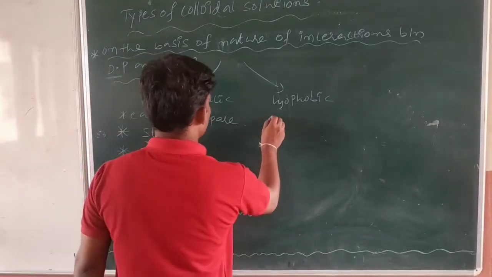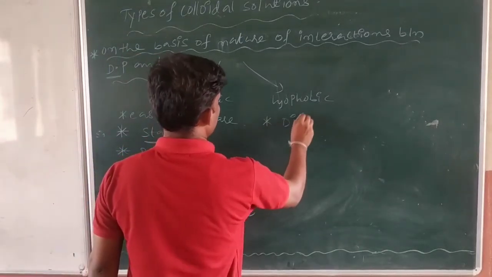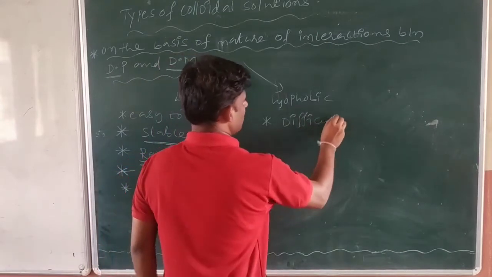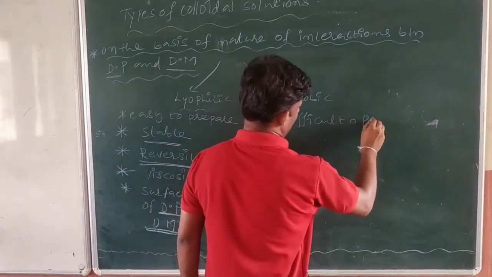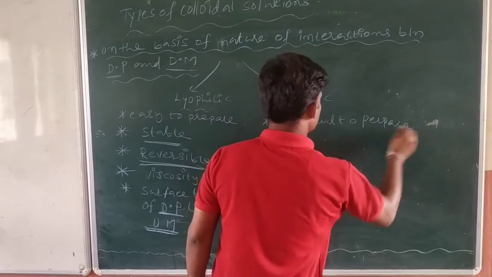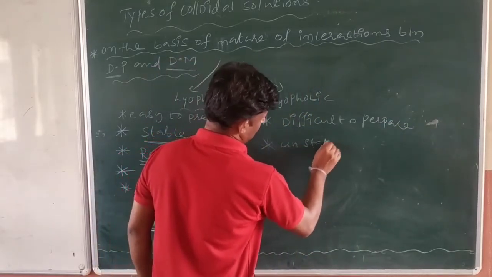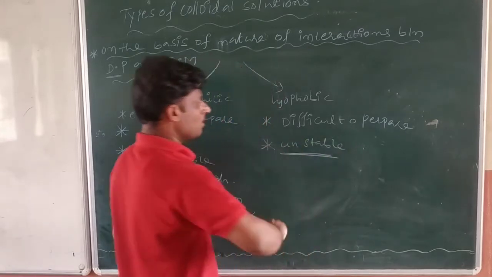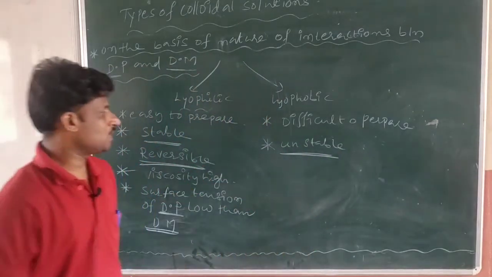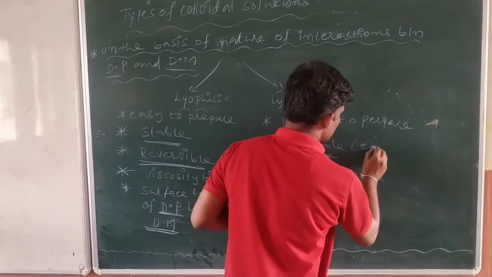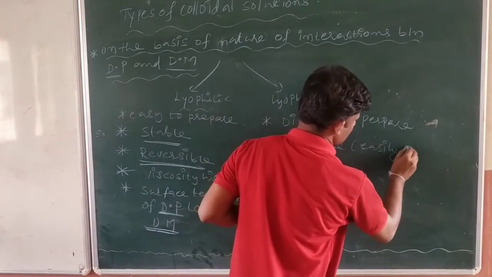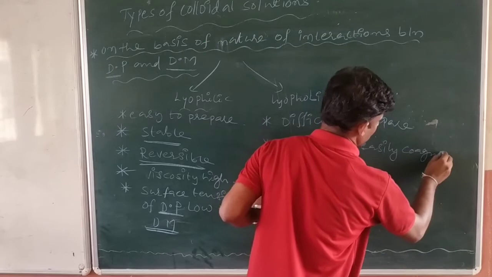Lyophobic sols are difficult to prepare. Are you getting my point? The second one is that these are unstable. Why are these unstable, sir? For example, when coagulation takes place, they coagulate easily and may form groups.